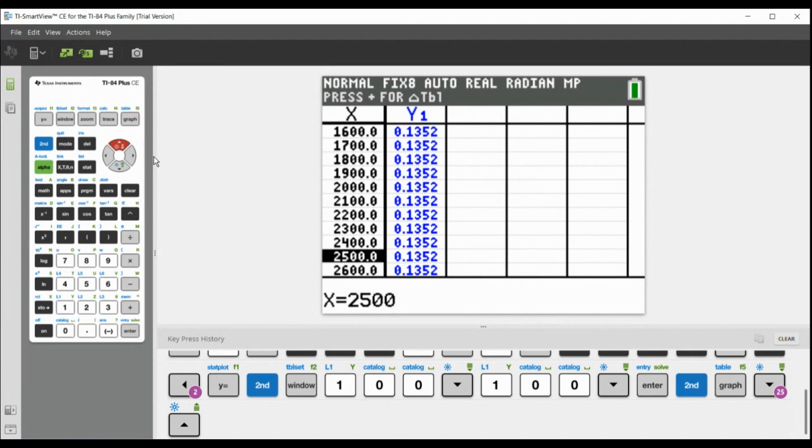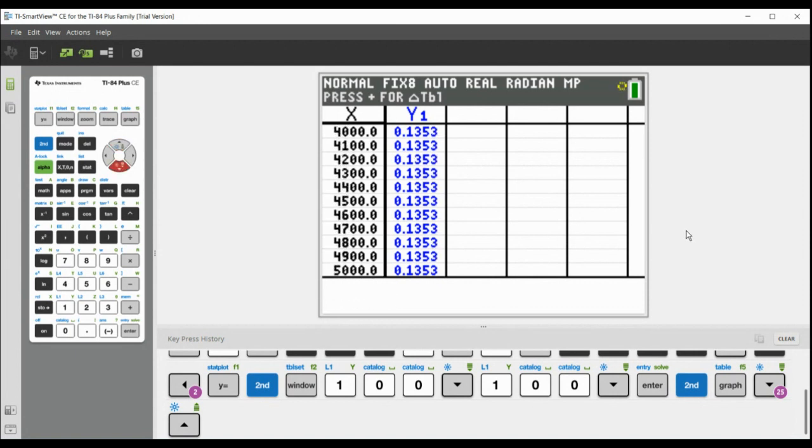So the actual value that we're going to want to get is 0.1353. And if we let x get bigger and bigger and bigger, we'll see that 0.1353 stays pretty consistent.